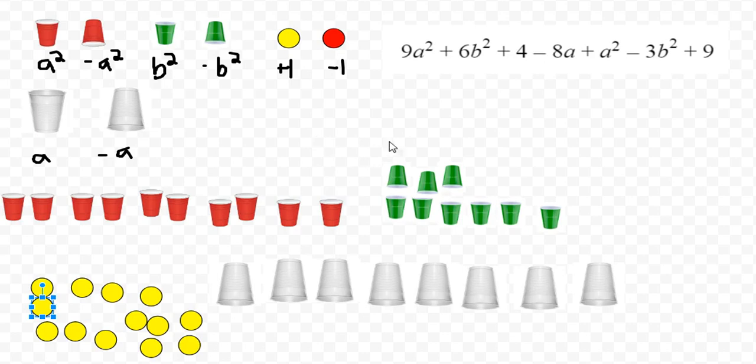After all that, the only things that are going to cancel out are zero pairs here with my b squared term. So let's get rid of this one and this one, this one and this one, this one and this one. So I'm left here with 1, 2, 3, 4, 5, 6, 7, 8, 9, 10 a squared.